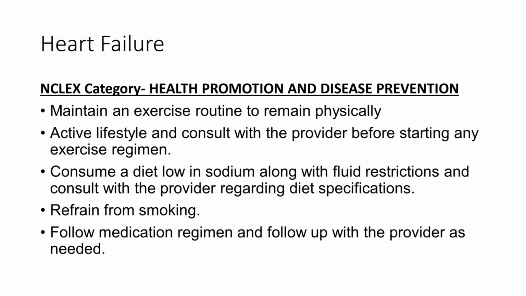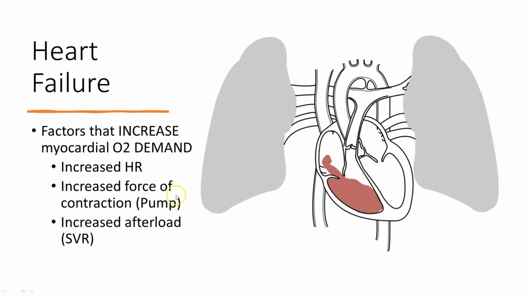We want to teach smoking cessation if possible, and we want to teach about the importance of compliance with the medications. There are going to be a lot of medications to choose from. And again, because it's a progressive disease, it's going to walk through different stages where you can add different medications to help decrease all of those signs and symptoms and decrease those acute on chronic situations, those exacerbations.